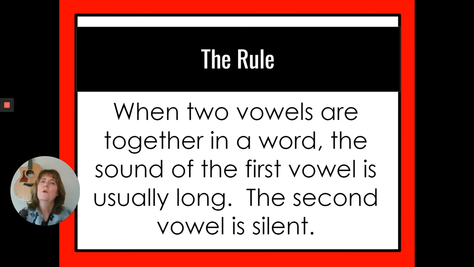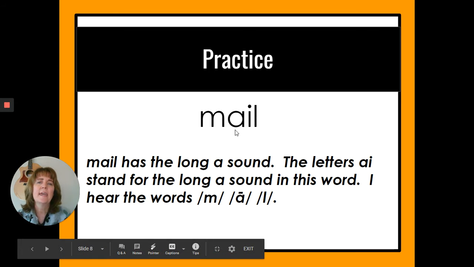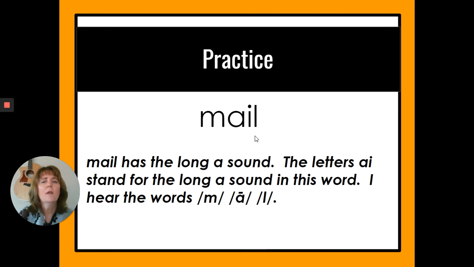Now here's the rule for our digraphs. It says when two vowels are together in a word, the sound of the first vowel is usually long and the second vowel is usually silent. So when we see words like this, male, male has the A sound in the middle, spelled with the A-I right there. We only hear the A. We don't hear the I. The I sound is silent.